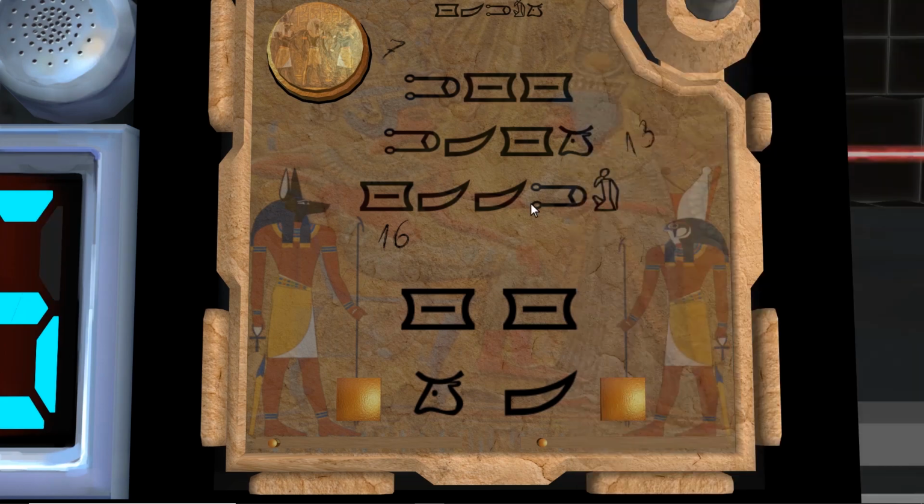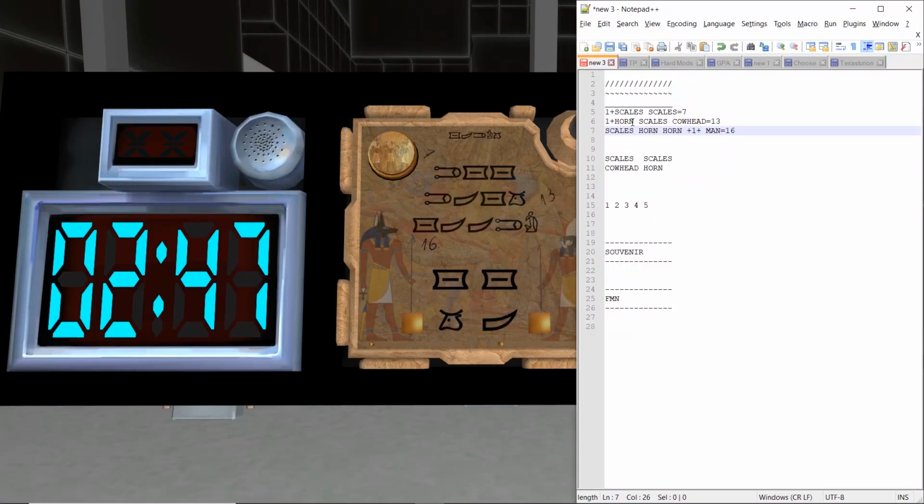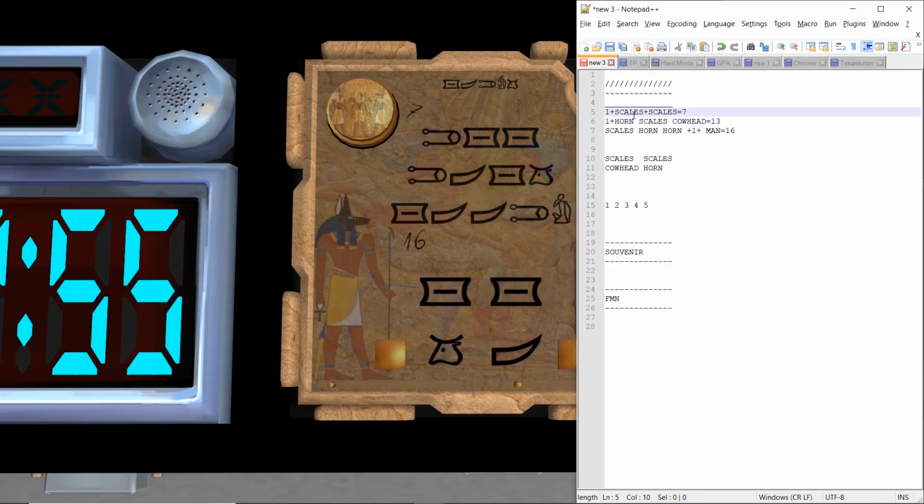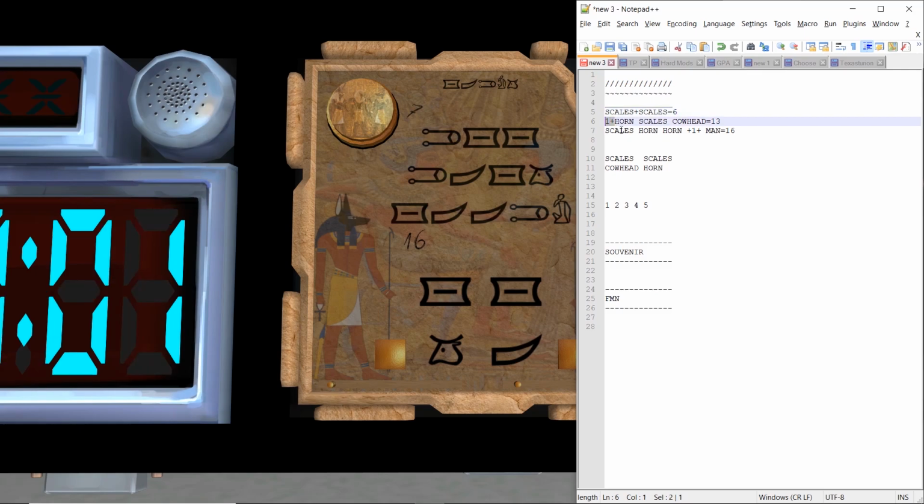Now, because it's a math equation, we want to figure out each one of the values. Since we know bone is 1, we can just subtract that on both sides. So we subtract 1 from this side and 1 from this side to get 6. 1 from this side and 1 from this side to get 12.